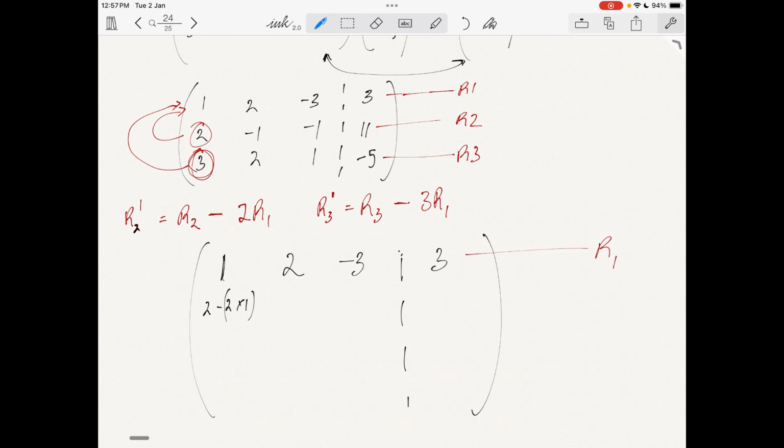Over 1 that is 2 minus 2 times 1, which gives 0. Over 2, that is minus 1 minus 2 times 2, which gives minus 5. Over 3, that is minus 1 minus 2 times minus 3, which gives 5.